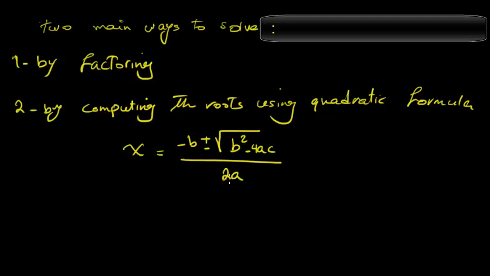So let's try to solve some quadratic equation with factoring. Let's say we have x to the second power plus 3x minus 10 equals 0.